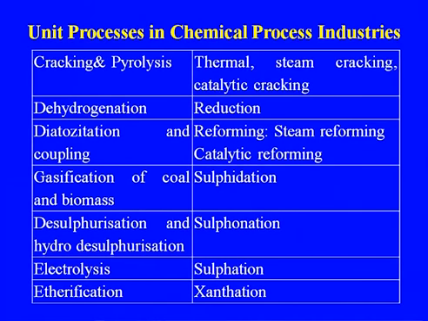Catalytic reforming we are using in the refinery and petrochemical complexes for improving the octane number of the naphtha and at the same time for the production of paraxylene. Sulfidation, sulfonation, because sulfonation we are using in many of the processes, sulfation, xanthation, that is the process we are using in the case of viscose rayon.